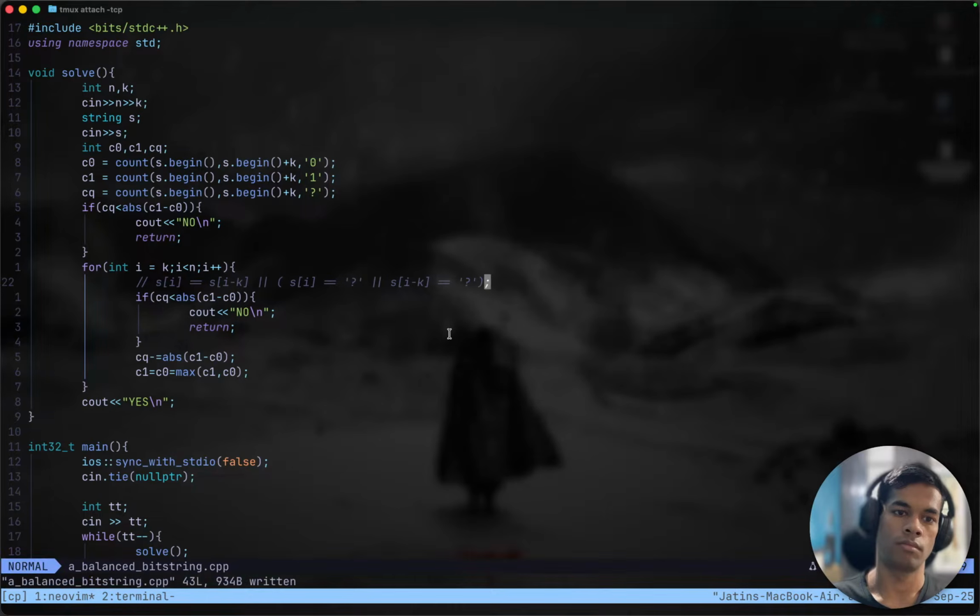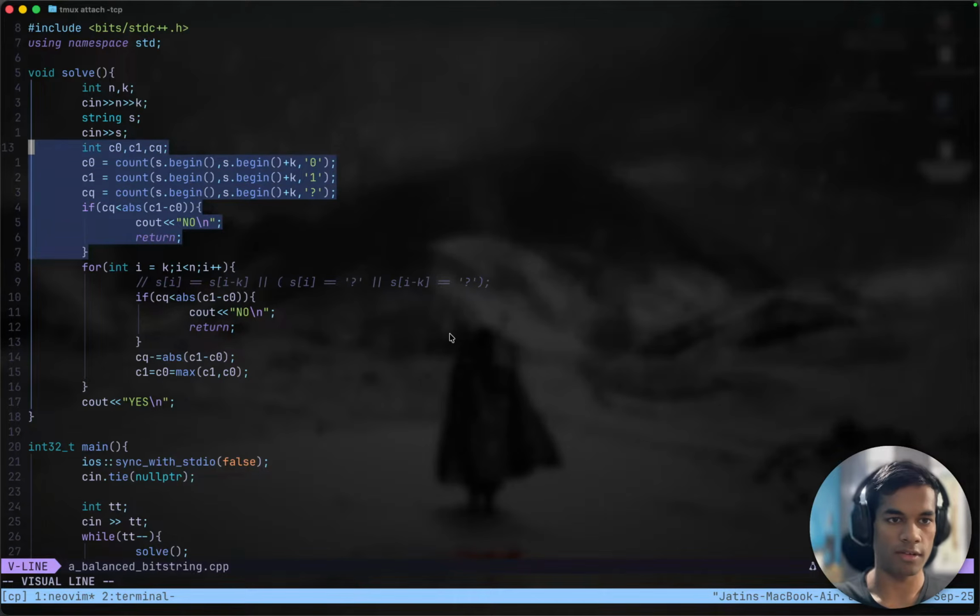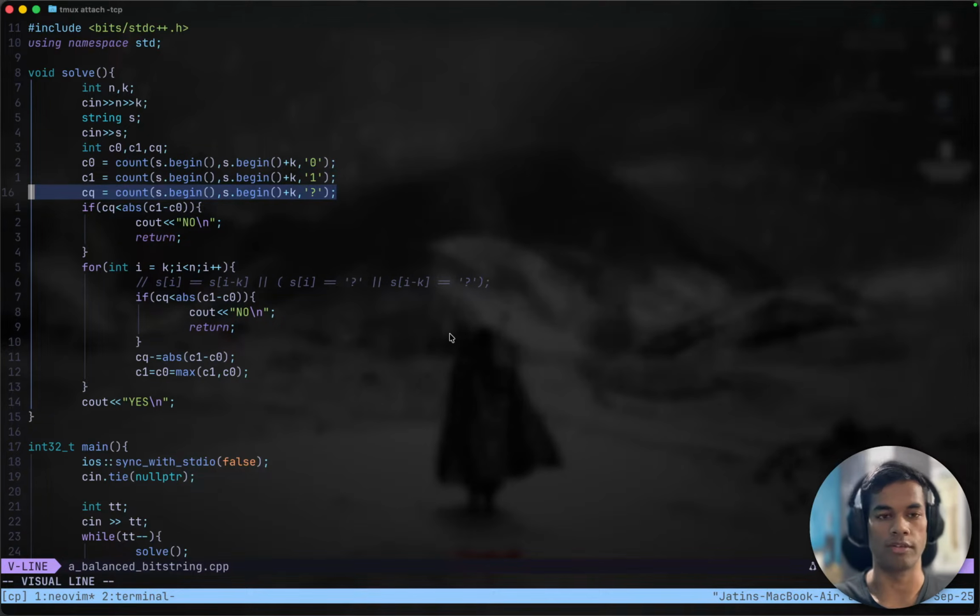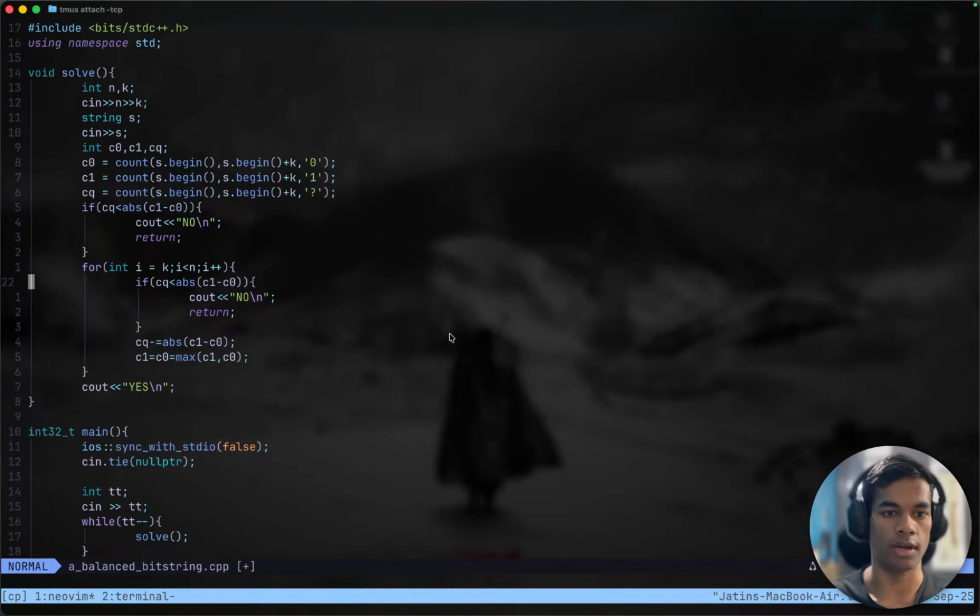And for the first subsection, we have to check using this, the number of zeros that we have and the number of ones that we have and the number of question marks that we have. If the number of question marks is sufficient, then it is okay. But if they are not sufficient, then it is not okay.